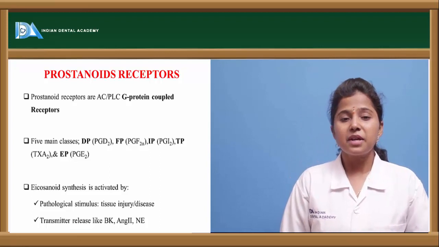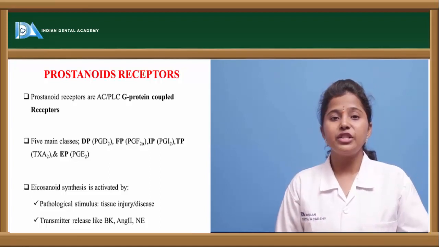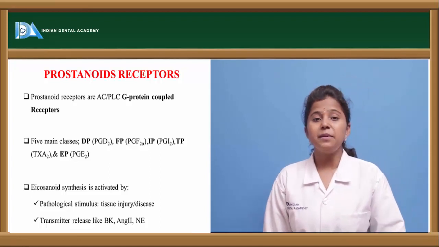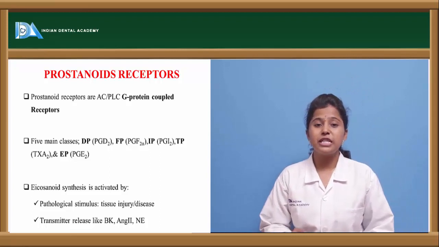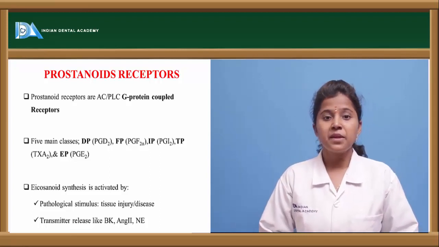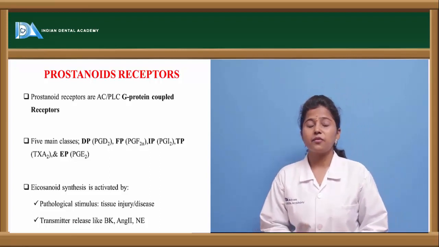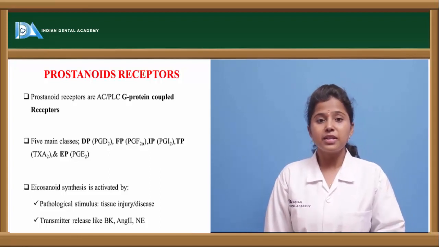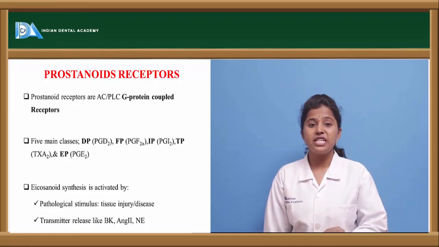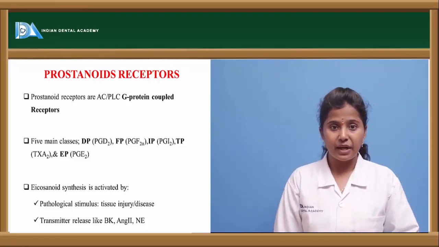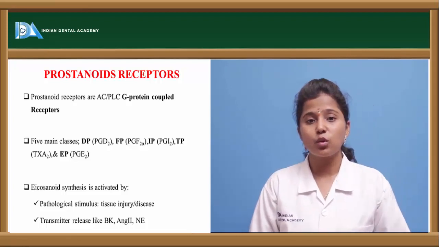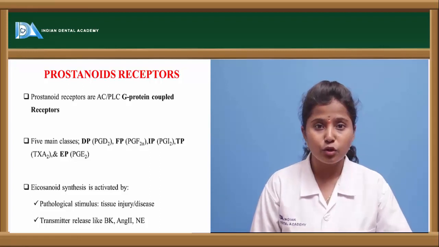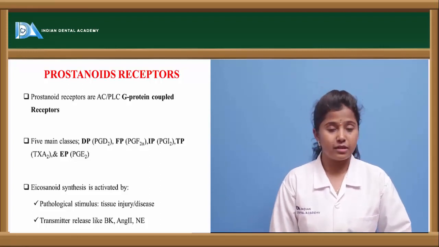DP receptors are the receptors where PGD2 binds. EP receptors are those where PGE2 type of prostaglandin binds, and FP receptors are those where PGF2 alpha binds, and IP receptors are those where PGI2 type of prostaglandin binds, and TP receptors are those where thromboxane type of prostanoids bind and exert their actions.